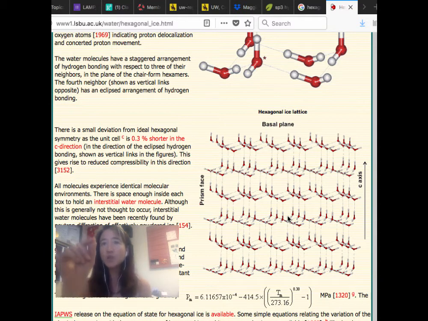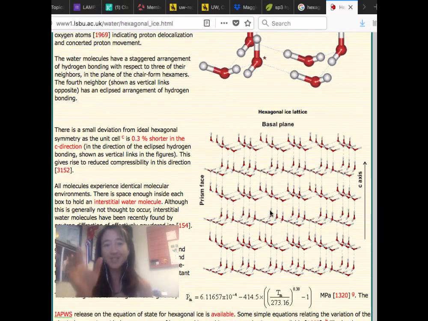But have you ever zoomed in and looked really close at a single water molecule within a hexagonal packed lattice and thought to yourself, how many hydrogen bonds is each water molecule engaging with, and with what orientation? So I did that, and I suggest you do too, and draw the single water molecule and depict each one of the hydrogen bonds.